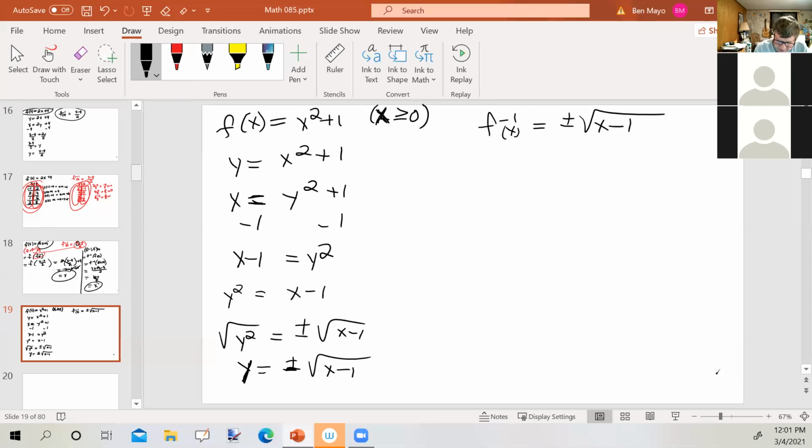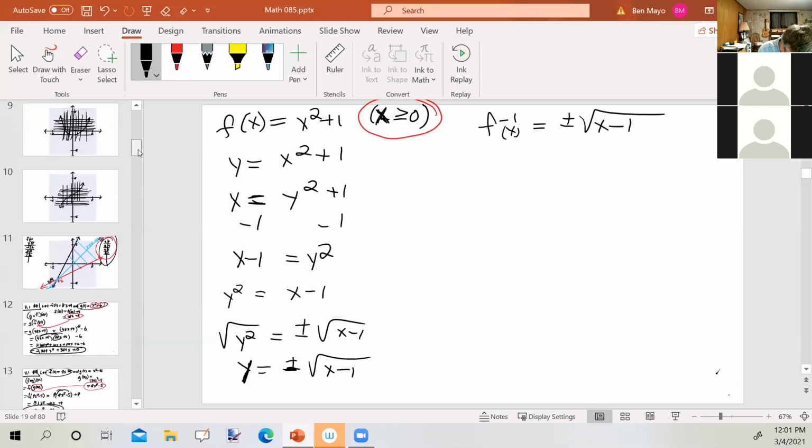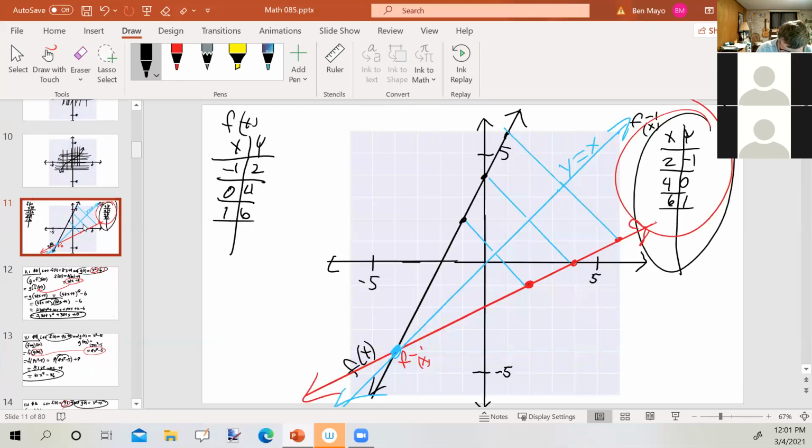Notice that there was a condition, and I just sort of ignored that on purpose for the moment. What I want to do is go back and erase all of this stuff.